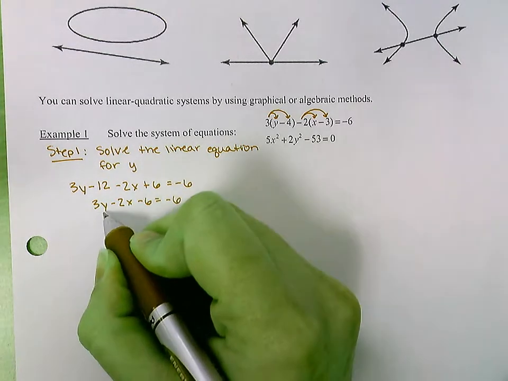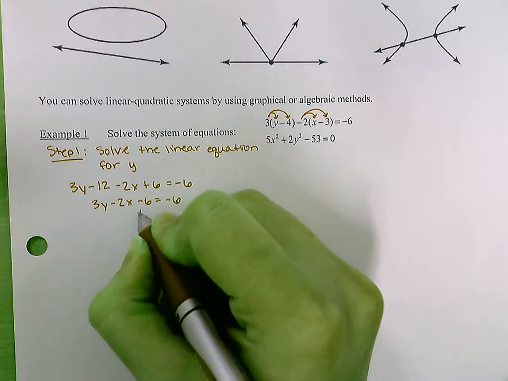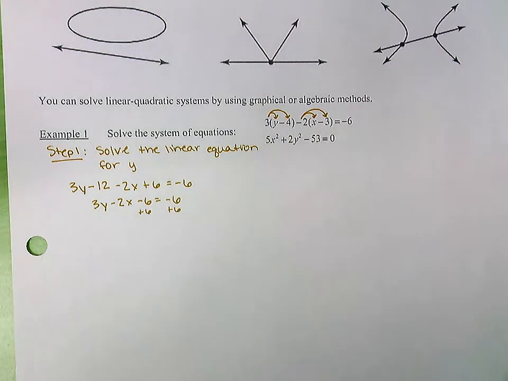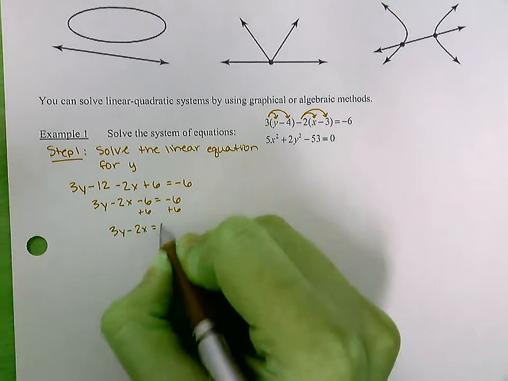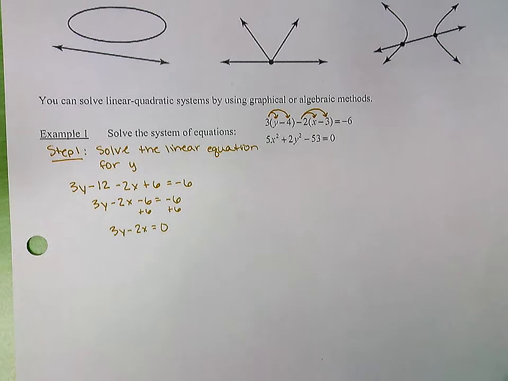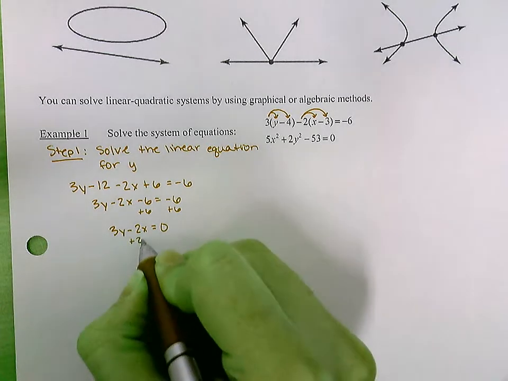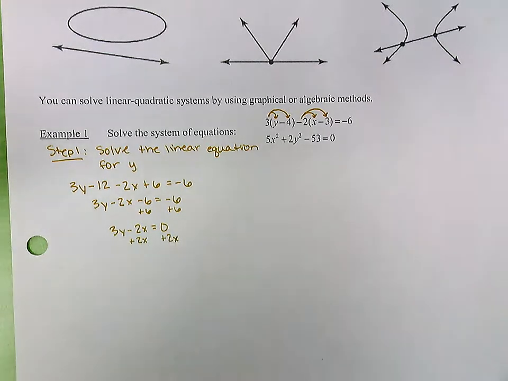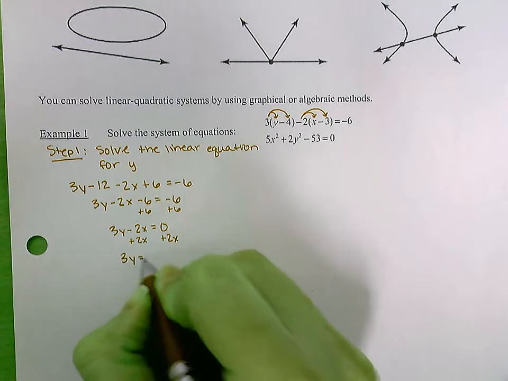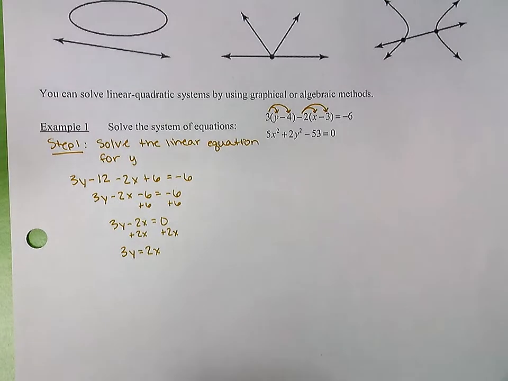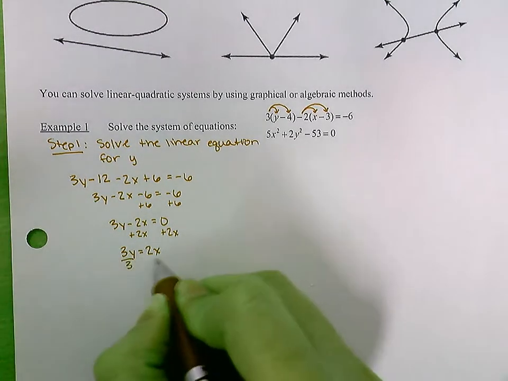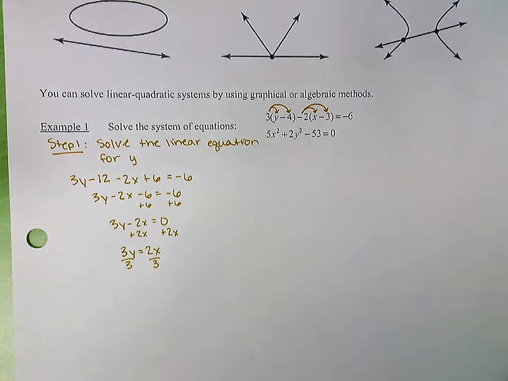Now again I'm trying to get y by itself. So I'm going to add 6. So I have 3y minus 2x equals 0. Add 2x, and then divide by 3.